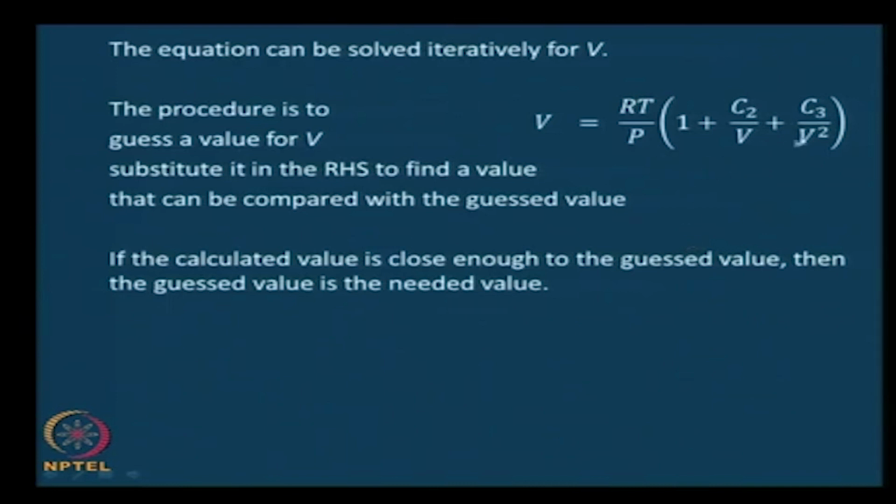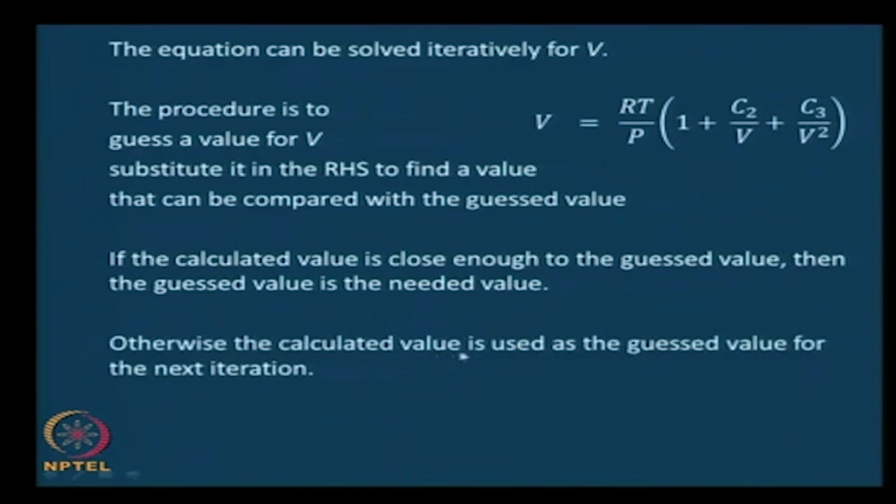If the calculated value, the right hand side, is close enough, the operative term here is close enough, you might be working with 10 power minus 3 and so on, but if all the values are in the range of 10 power minus 3, it is not really close enough to the guessed value, then the guessed value is the needed value.